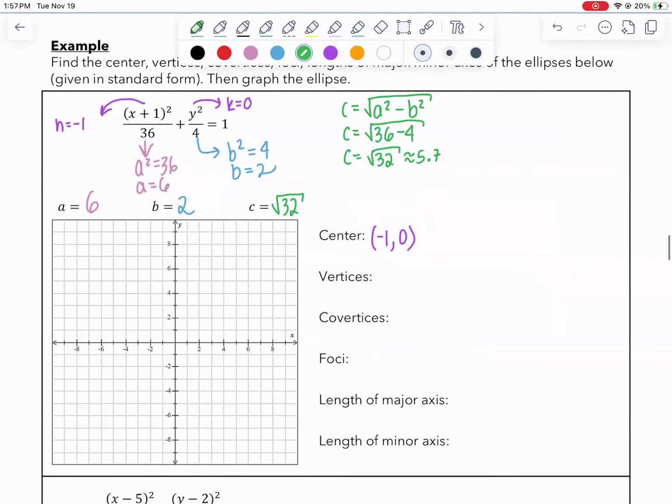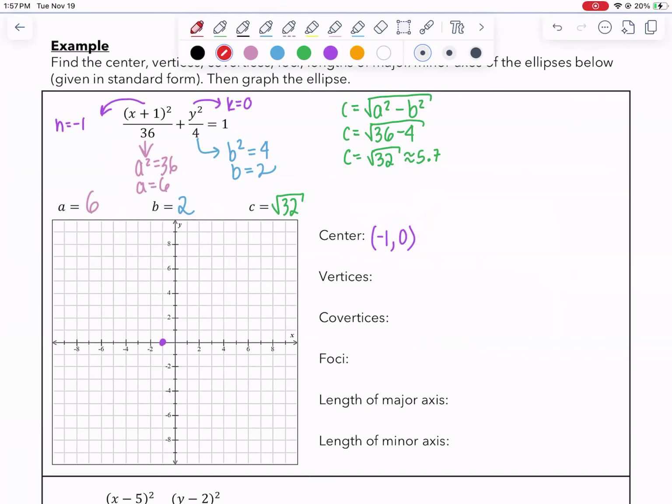All right. We can plot the center without knowing anything besides the center. So back -1, up 0. There's my center right there. And then in order to plot my vertices, my covertices, and my foci, I need to know which is the major axis.